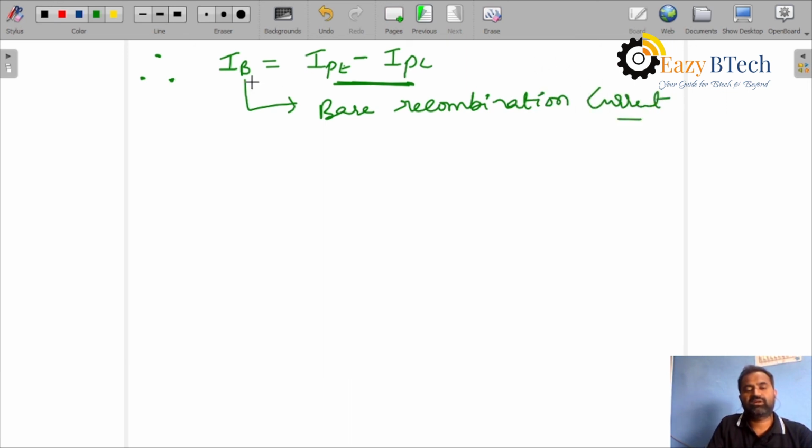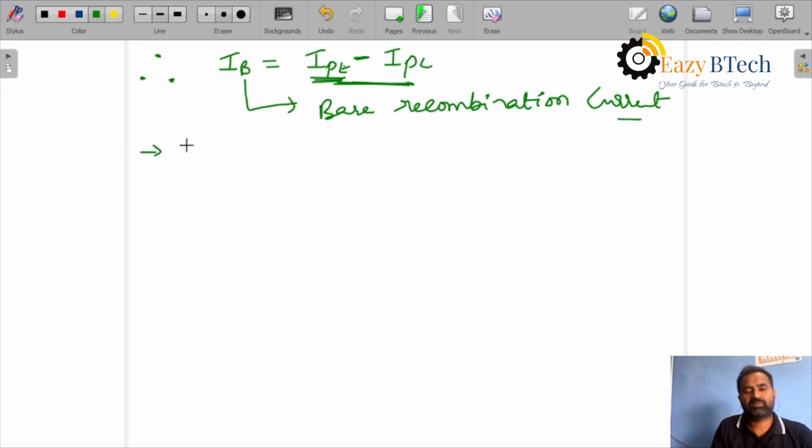Because emitter to base entering is IPE and the current from base to collector is IPC, and it is a minority current. That is why it is represented with minus. Because in the base the majority charge carriers are electrons, but holes leaving are a minority current. That is why we represent this with a minus.